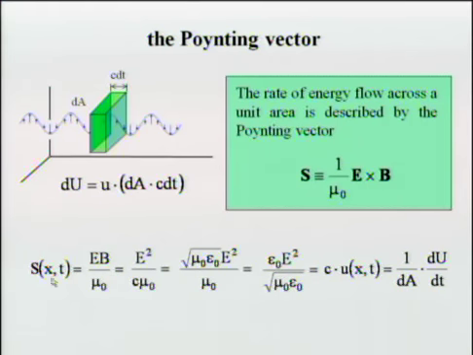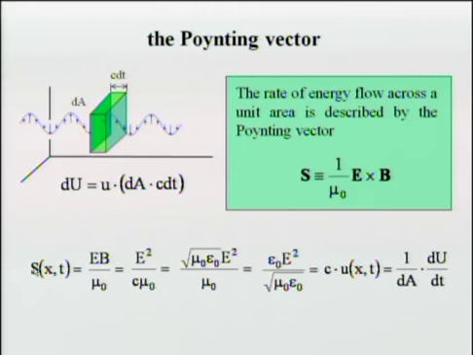So what the magnitude of the Poynting vector represents is the amount of energy crossing the surface divided by the area of that surface and the time.